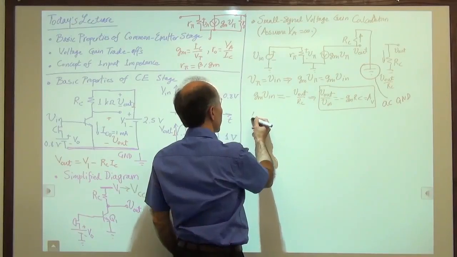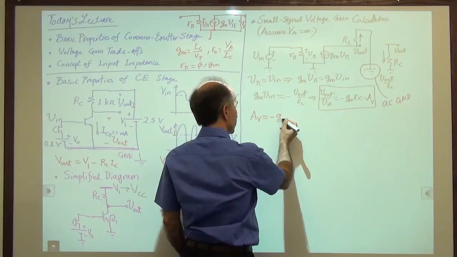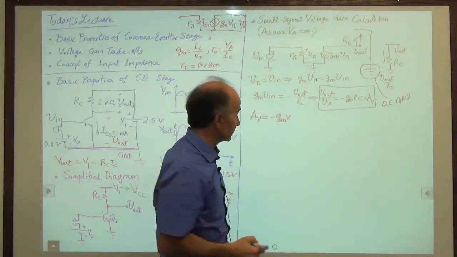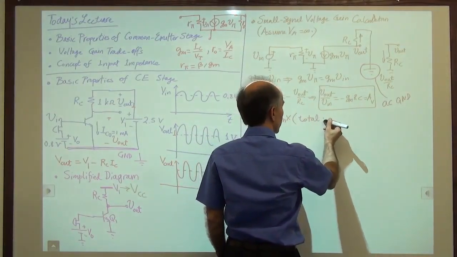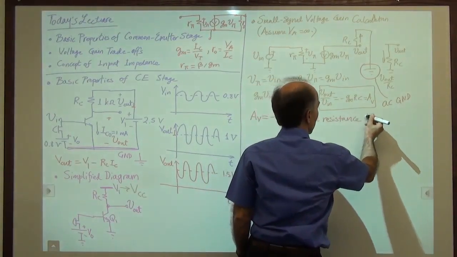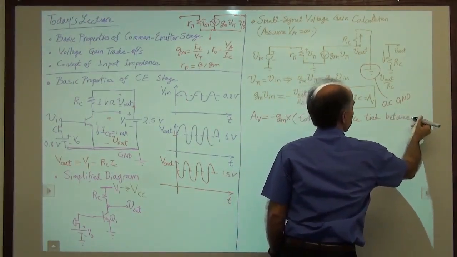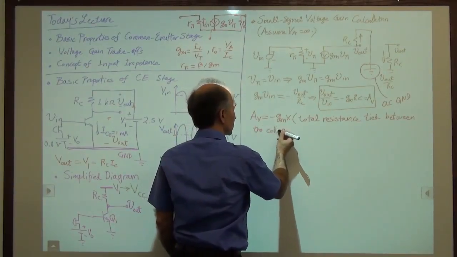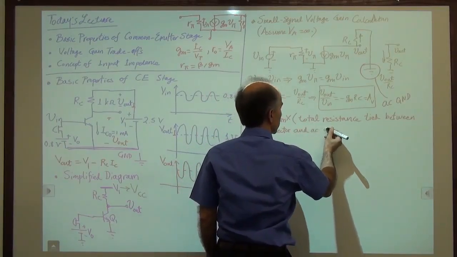We'll say that the voltage gain of a common emitter stage is equal to minus gm, the transconductance of the device, times the total resistance tied between the collector and AC ground.